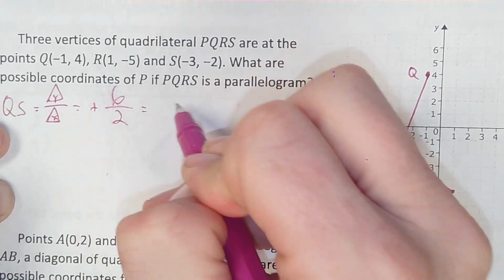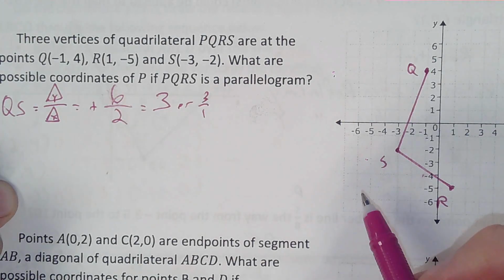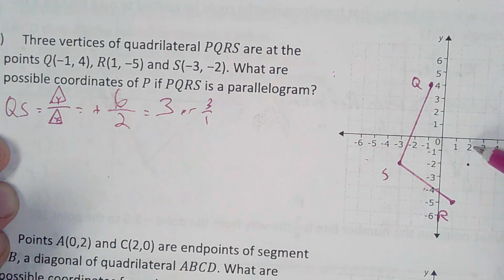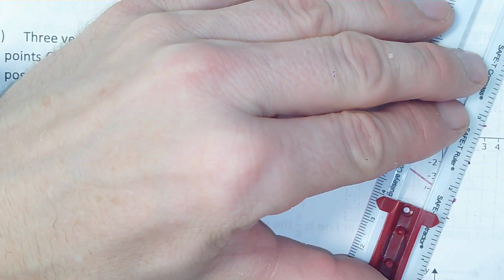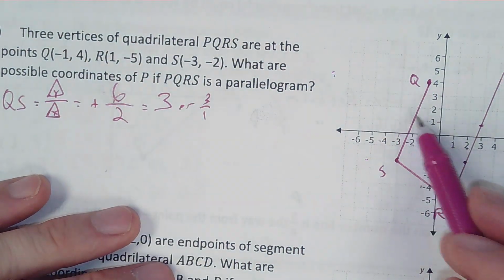So my overall slope is going to be 3, or 3 over 1, right? So this parallel line is going to go 3 up and 1 over. If I did that right, I'll draw a line, and all 3 of those points should line up. That'll be my line that's parallel to that line.